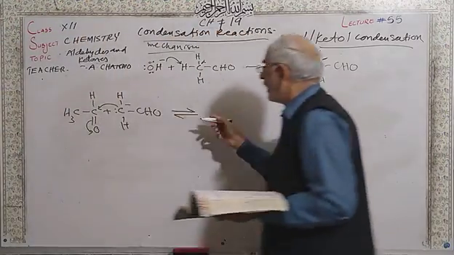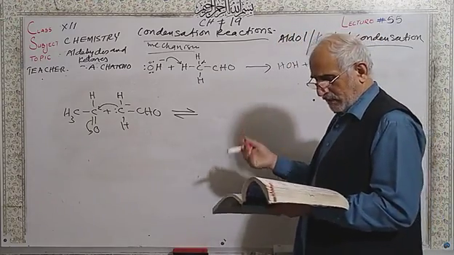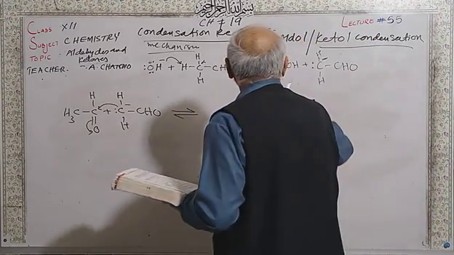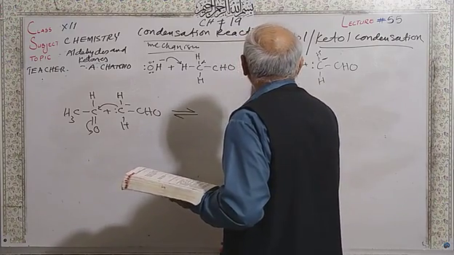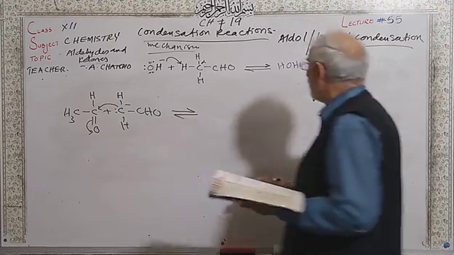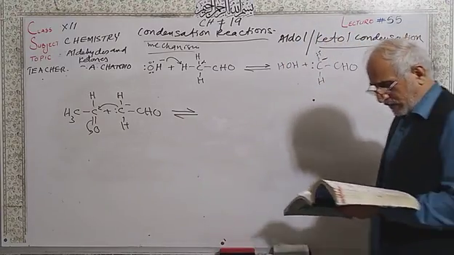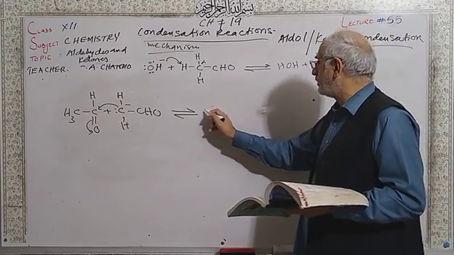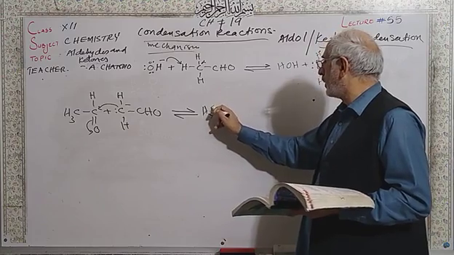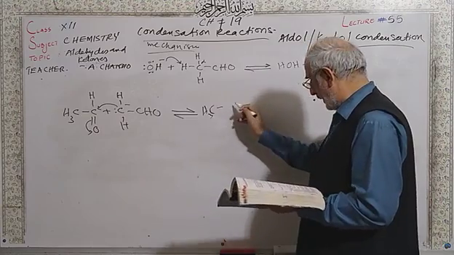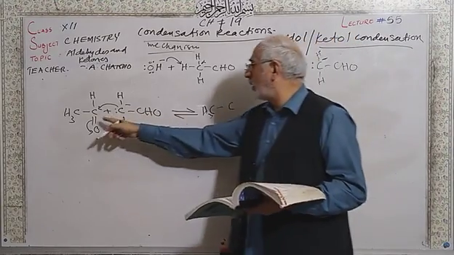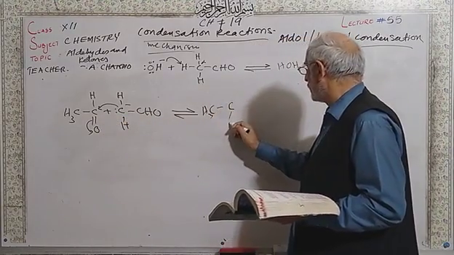When we write mechanism reactions, these are mostly reversible. This is CH3, and then the C double bond is removed.